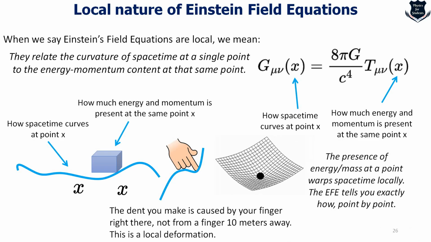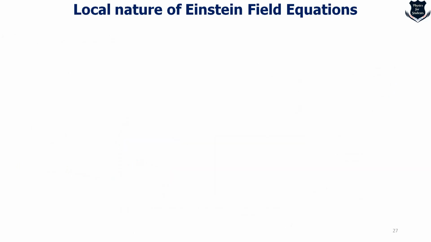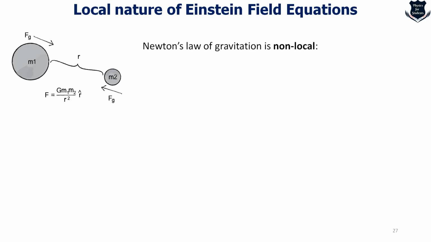So to cut things short, the presence of energy or mass at a point warps space-time locally. That means at a specific point. Now you might ask me a question: is there something which is not local? Yes, there is. For example, Newton's gravitational law is non-local.